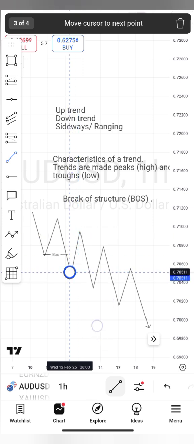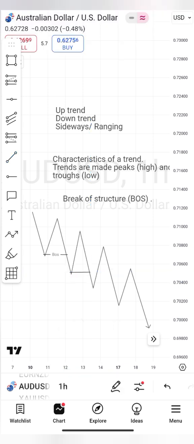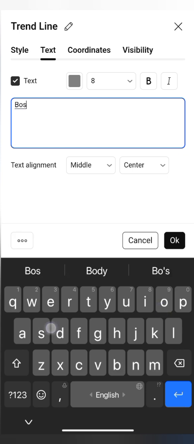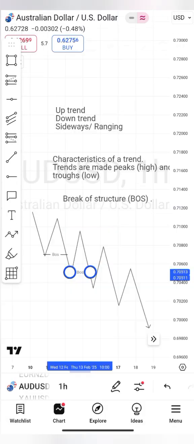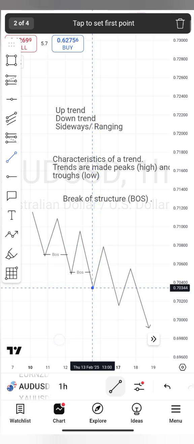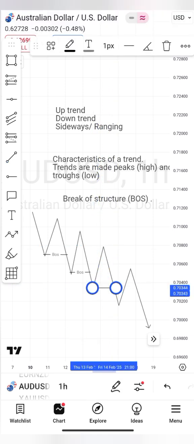Even though this is a textbook example, we'll see how it happens in the real market. The moment you start spotting these things out, it becomes a lot easier to understand where the market is going, because when you see something like this, you can start preparing your mind that, okay, I think we're in a downtrend, because the market has broken structure at least twice.